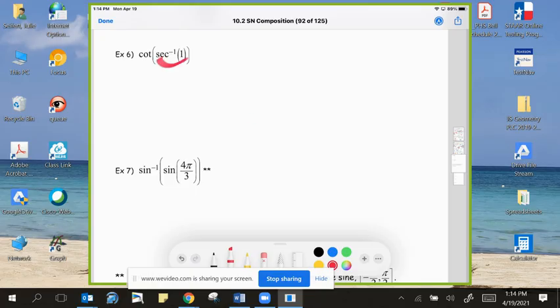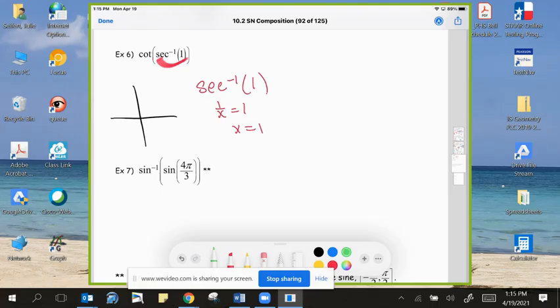Secant inverse of 1 will be that inside piece. Secant is 1 over cosine, so secant is 1 over x. So that 1 over x is 1, meaning that our x coordinate is 1.